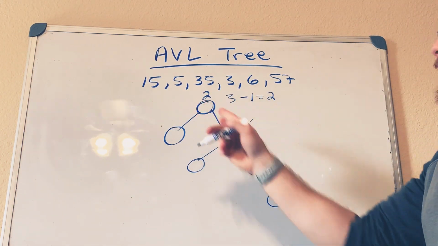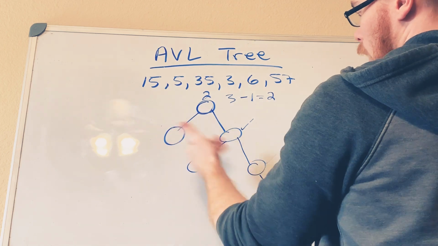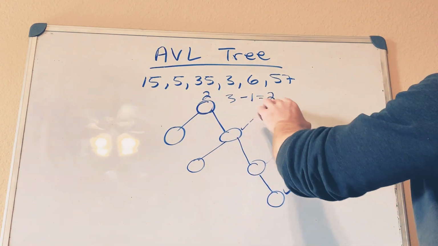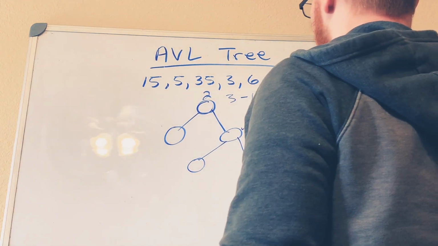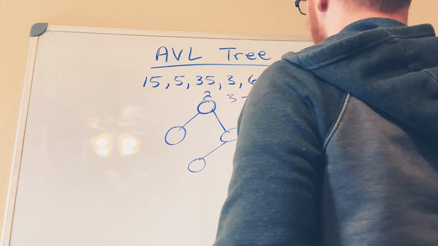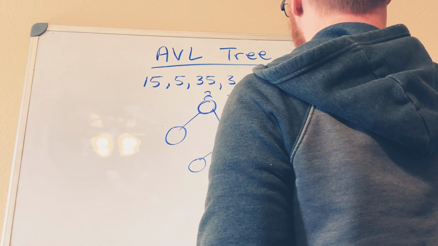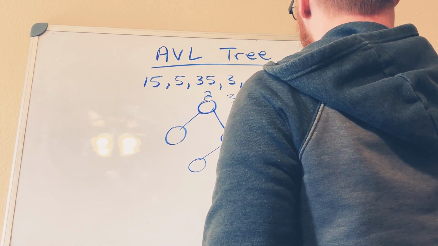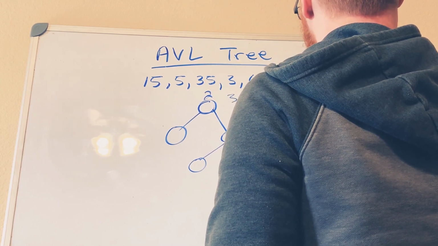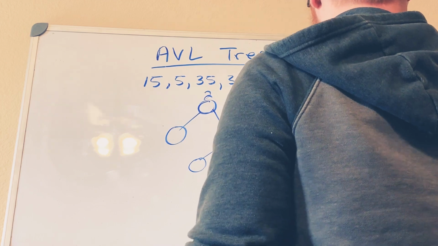Now that is not good. Obviously we can look at this and say it's unbalanced, but that is the way to check mathematically. For a balanced tree, we're looking for a -1, a 0, or a 1.